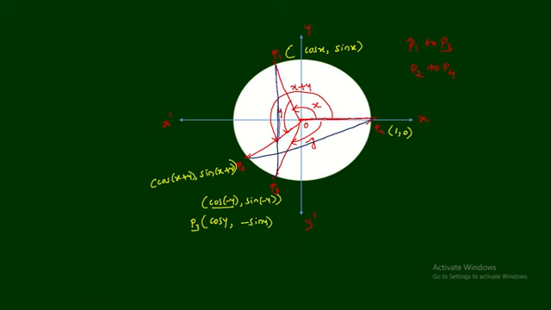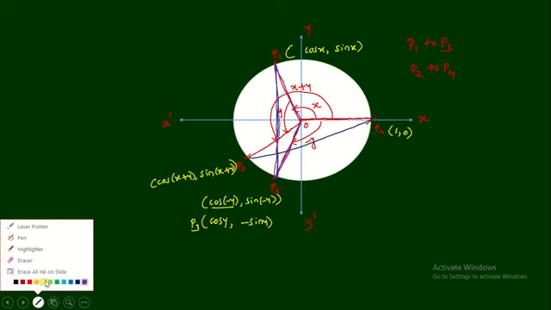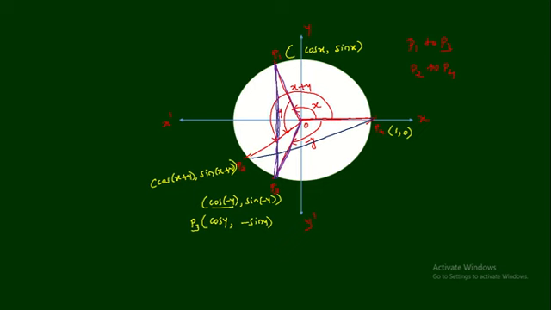Look at this triangle, purple color I am drawing, students. This triangle P1OP3, note down this triangle, and with the help of another color I can show you the triangle with yellow color. Look at this triangle, P2OP4. One is a yellow color triangle, one is a purple color triangle.